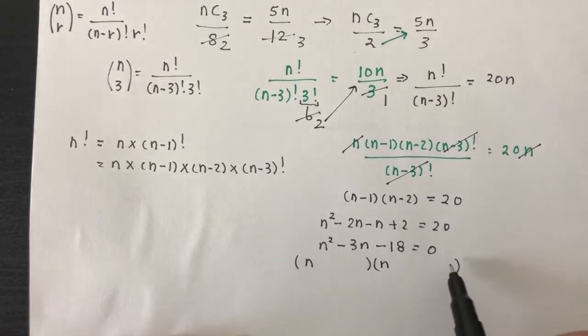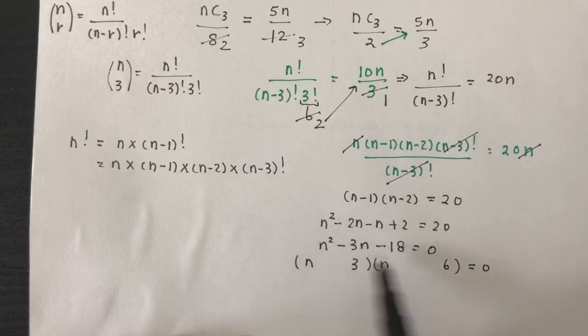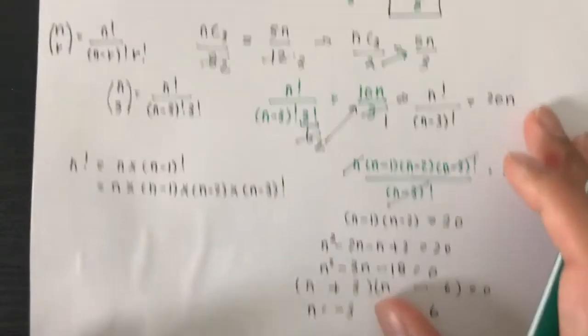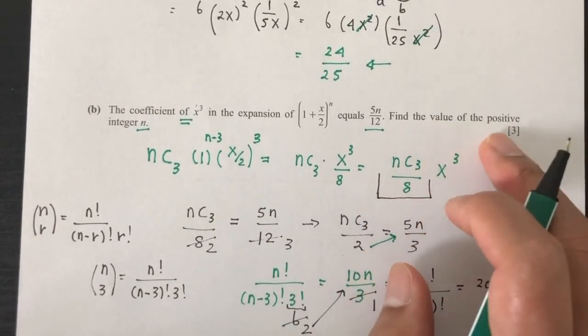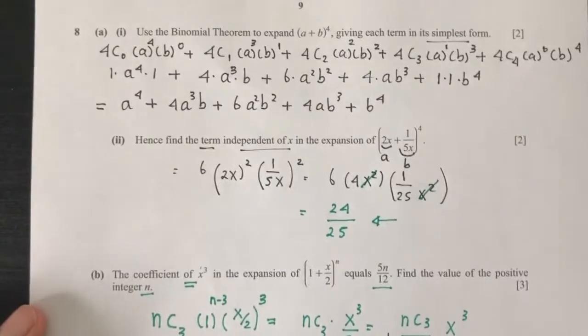It is 6 times 3. Now to get minus 3, we have to have minus 6 plus 3. So n can be minus 3, n can be plus 6. So your question is asking for the value of the positive n. So n will be this one, 6. And that will be your answer for question number 8.